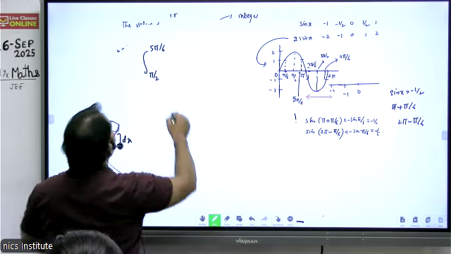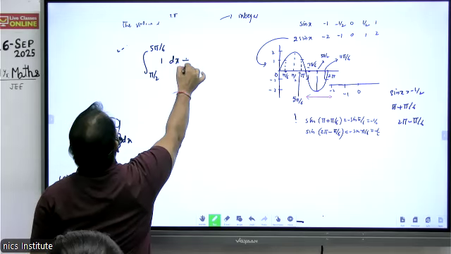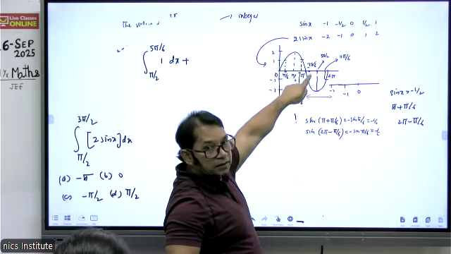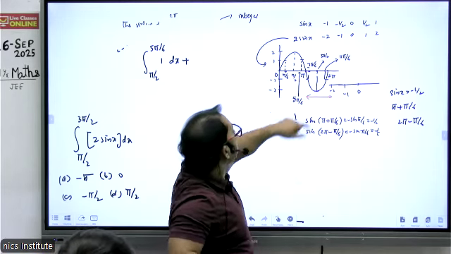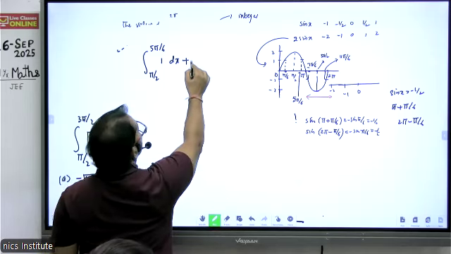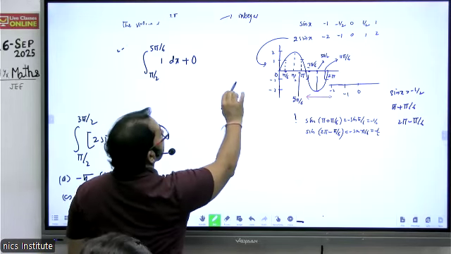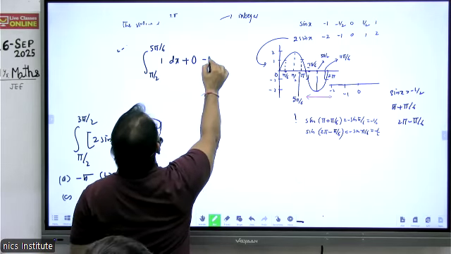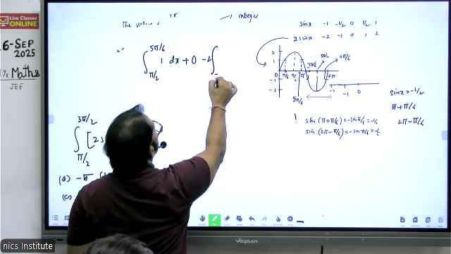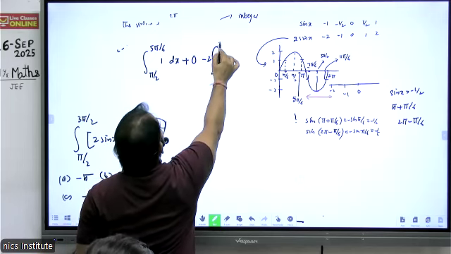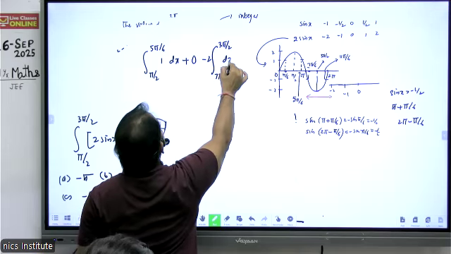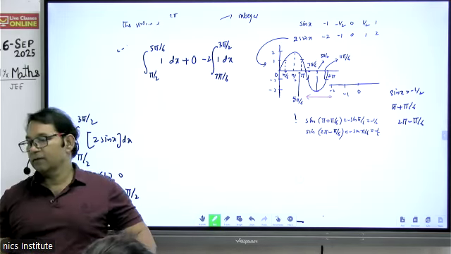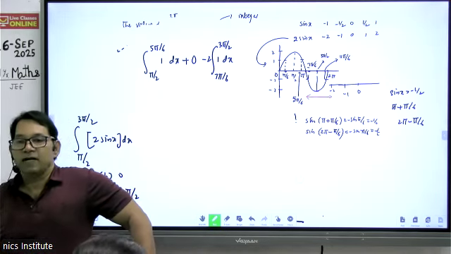Out of 2 and 1, which is smaller? 1. And then 5 pi by 6 to 7 pi by 6: out of 1 and 0 it will be 0. I'll write 0, forget that. Then 7 pi by 6 to 3 pi by 2 will be minus 2, because it is 2 sin x, not sin x. It is 2 sin x.